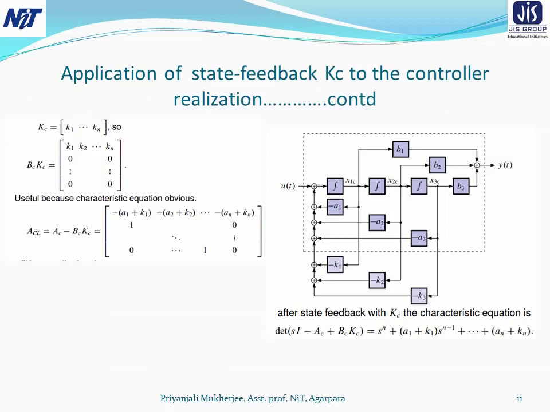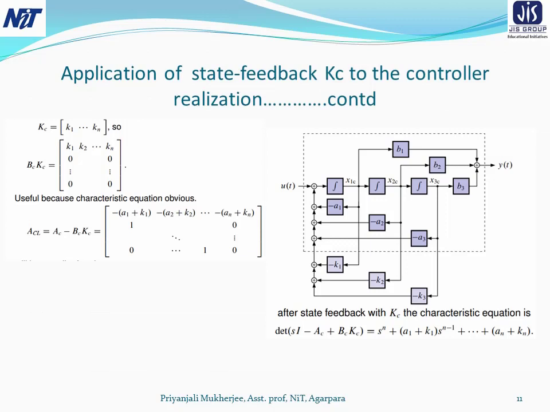Here we can see x1c, x2c, x3c, where x3c is the derivative of x2c. So x2c is obtained from the integration of x3c. Similarly, x1c is obtained from the integration of x2c like this. Now the feedbacks are minus of A1 plus K1.